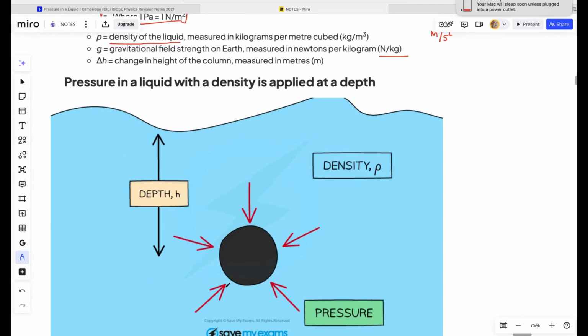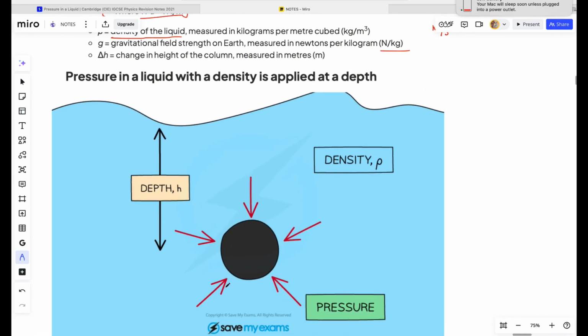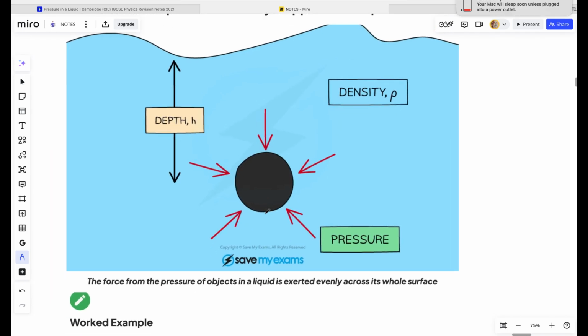So we have pressure in a liquid with density, applied at a depth. Let's take a look at this. We have a substance, maybe like a ball, put in a liquid, at some depth. The pressure of the liquid will act on this material from all directions.